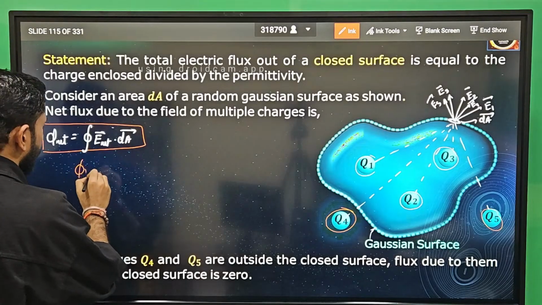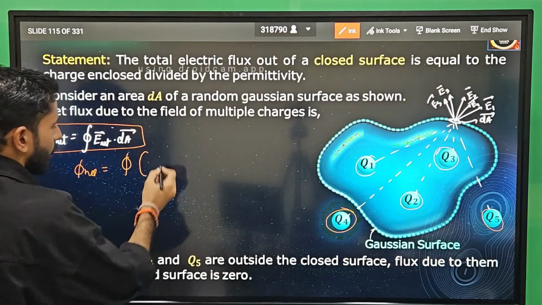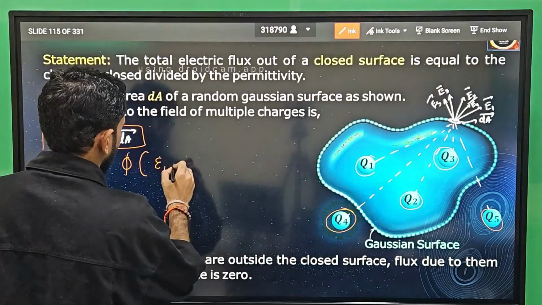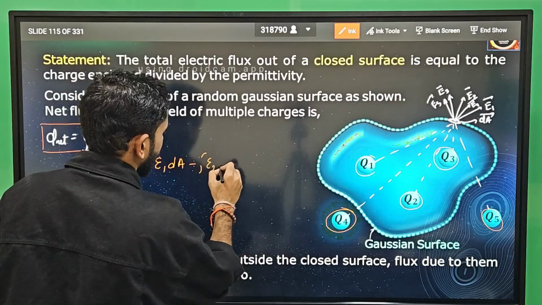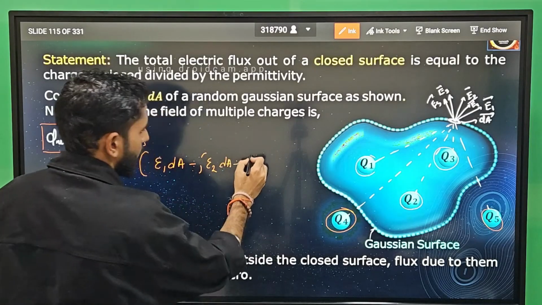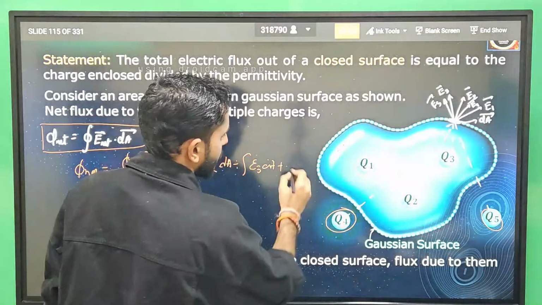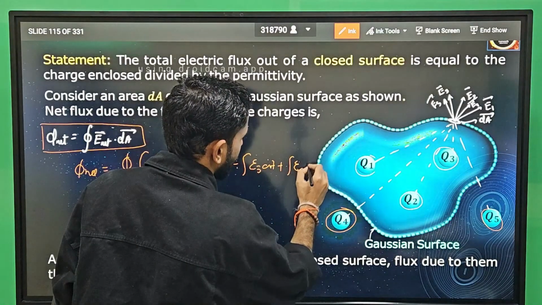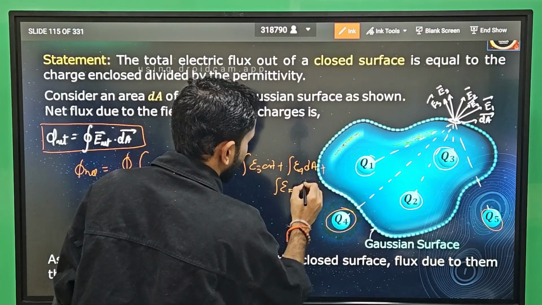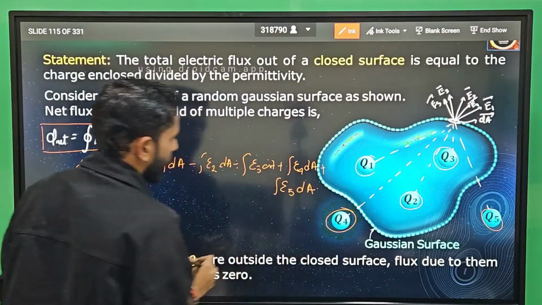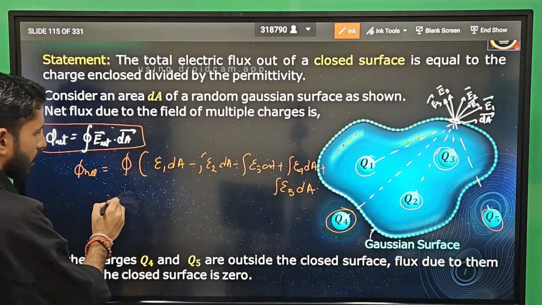You will write the integral of E1 dot dA, because the area is the same, plus the integral of E2 dot dA plus the integral of E3 dot dA, and the same for E4 dot dA plus the integral of E5 dot dA. Correct? And what is E dot dA? Already we have seen it is equal to Q divided by epsilon naught.